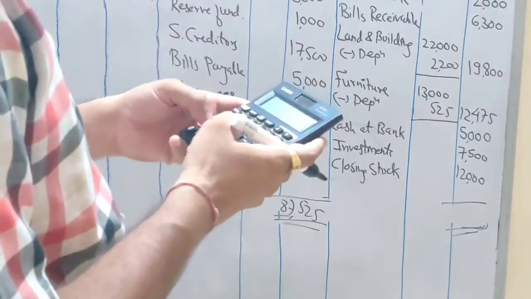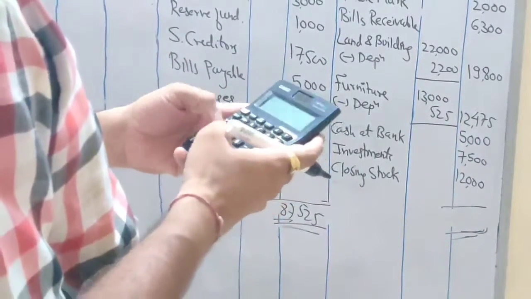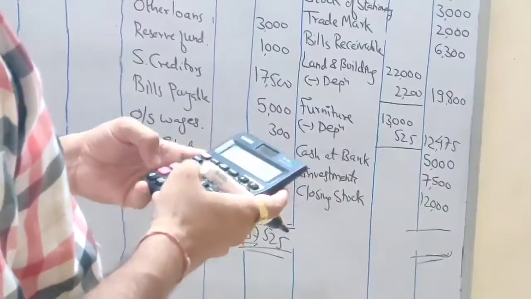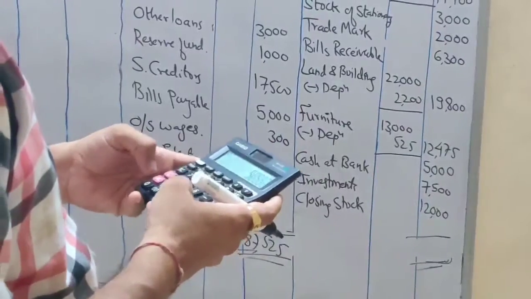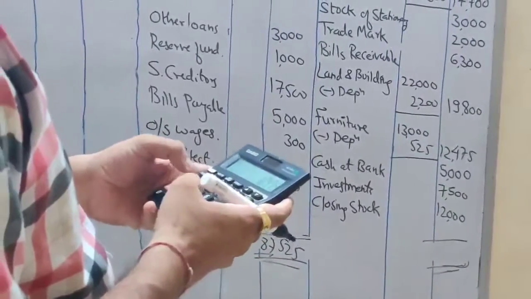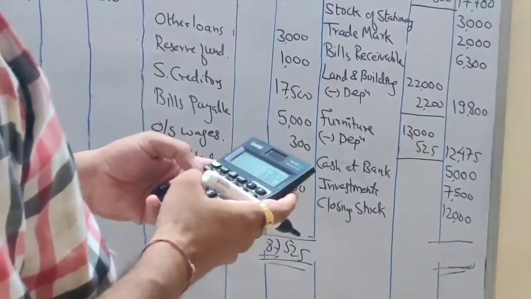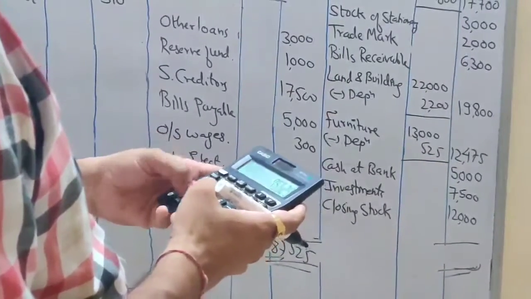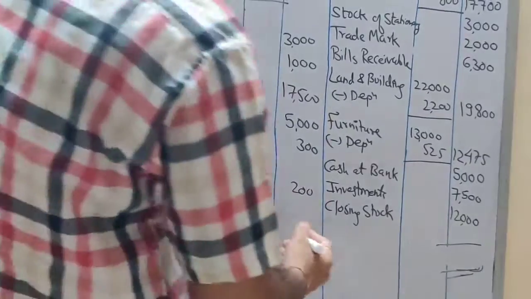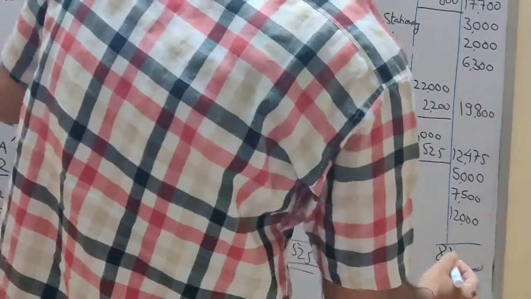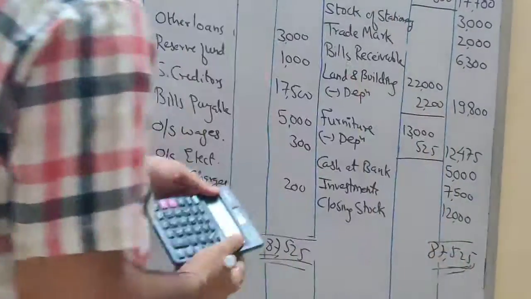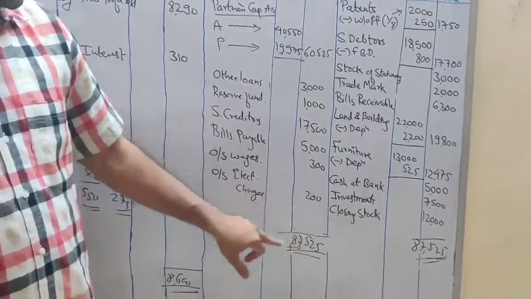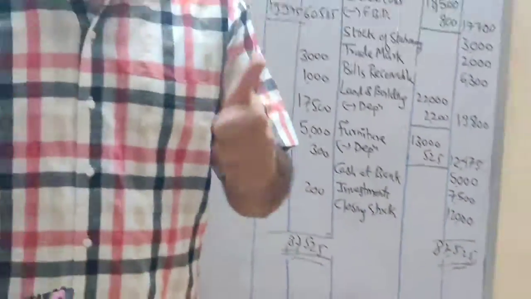Let's check on the asset side now. 1750, 17,700, 5, 6, 11,300, 19,800, 12,475, then 5,000, 7,500 and 12,000. Yes, it is tallying, 87,525. You should get the total of both sides the same. If it is the same, it means you have solved correctly. Thank you, students.